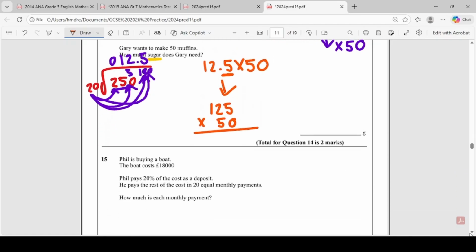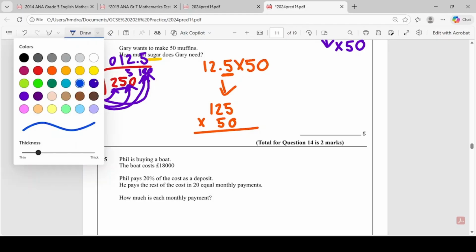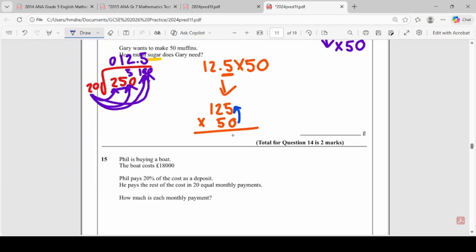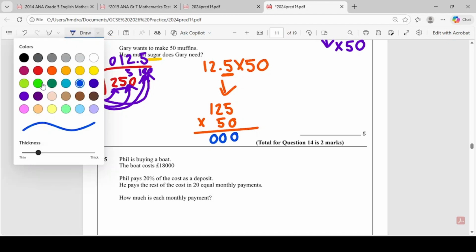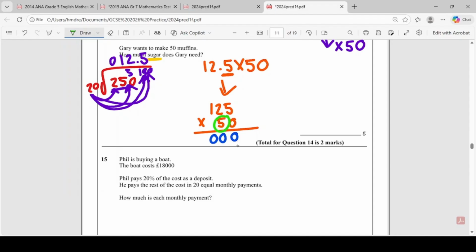So let's work this out. 0 times 5 is 0, 0 times 2 is 0, 0 times 1 is 0. So that one we don't need to worry about. I move on to the next one. I'm working with this 5.